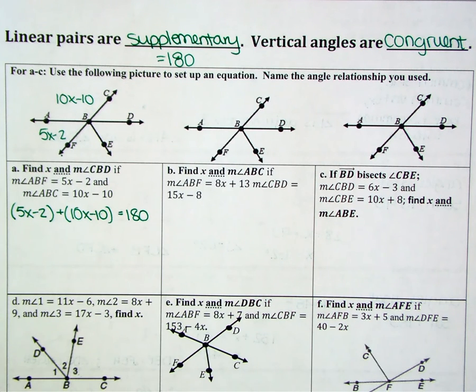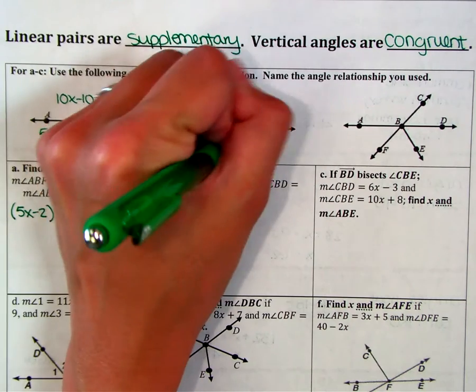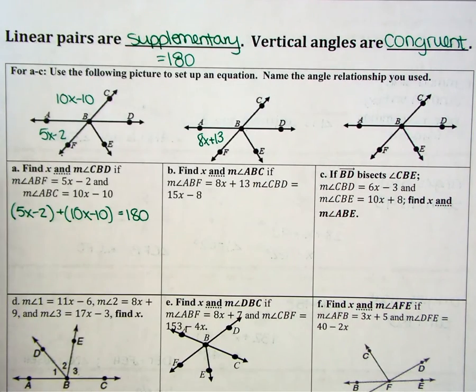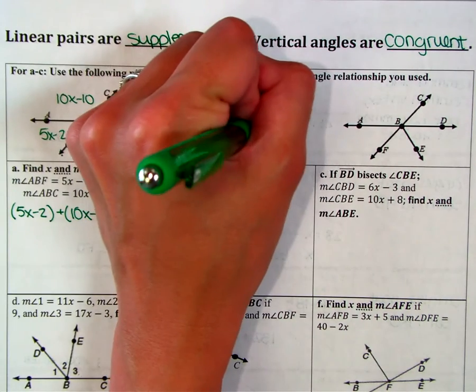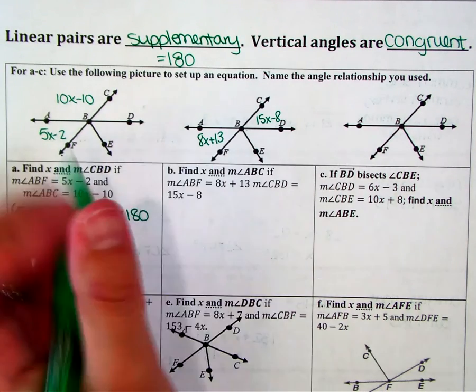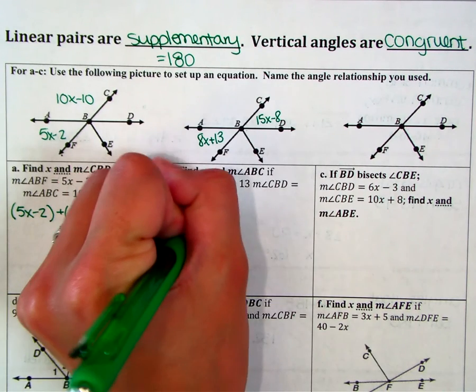B, find x and the measure of angle ABC if ABF is 8x plus 13 and CBD is 15x minus 8. So the only two pieces of information we have, they're opposite of each other. They are vertical angles.